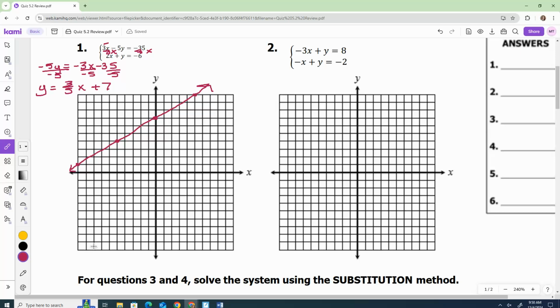Alright, so on the quiz, you get points for rewriting this in y equals mx plus b form, as well as for graphing your line. So you need to show me your work, how you're getting it in the correct form.